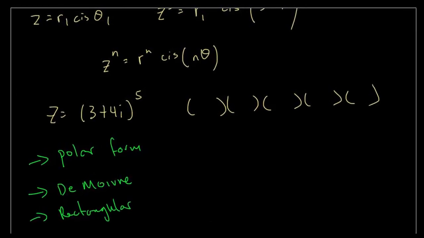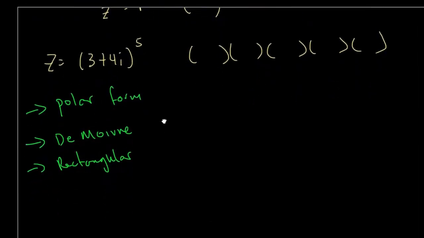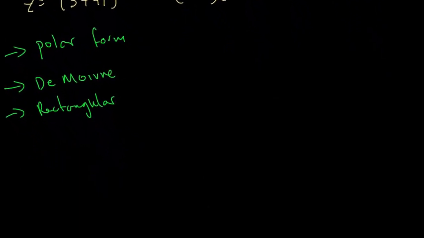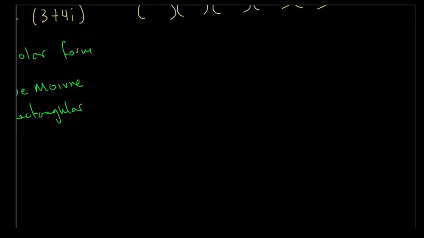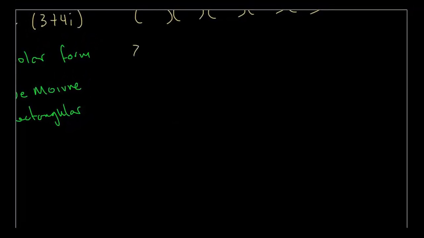So let's do that example: 3 plus 4i raised to the 5. Whenever we need to convert a complex number into polar form, we first need to draw the complex number on the Argand diagram.